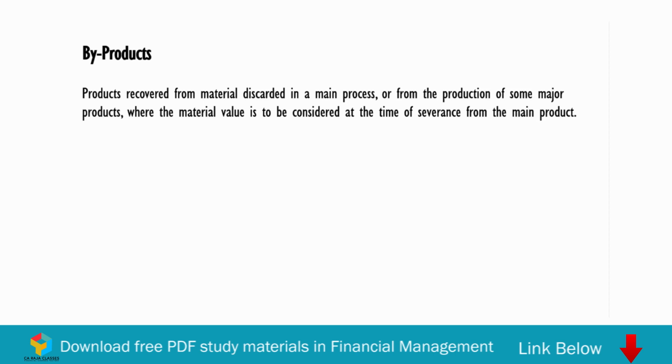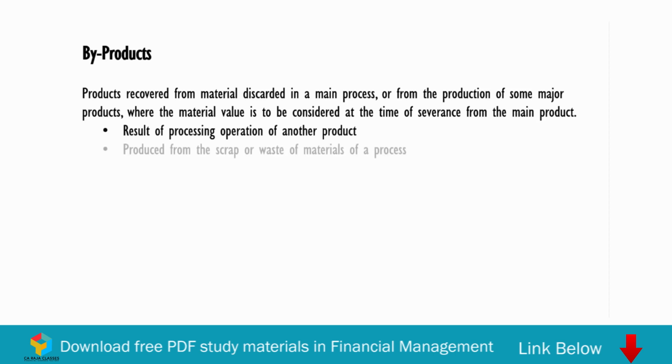So products which are recovered from material discarded in a main process or from production of some major products where material value is considered at the time of severance from the main product. So here the byproduct is going to emerge as a result of processing operation of another product, or we can say it is produced from the scrap or waste of materials of a process.